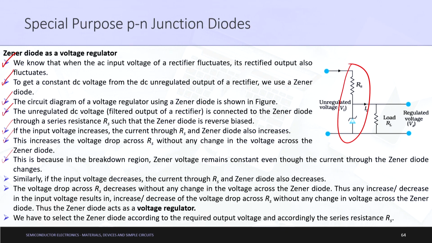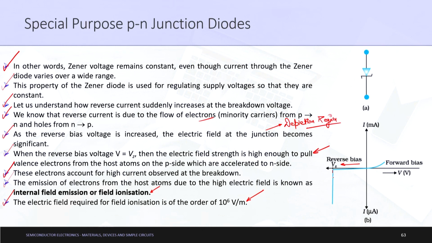That is why we are working in the reverse bias, and hence we are working in the breakdown region. So, in the breakdown region Zener voltage remains constant even though the current through the Zener diode changes. As you can see, even though the current is changing, the Zener diode breakdown voltage remains the same.